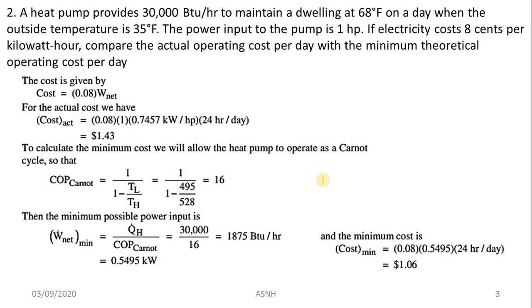Now the next numerical is related to the heat pump. A heat pump provides 30,000 BTU per hour to maintain a dwelling at 68 degrees Fahrenheit, on a day when the outside temperature is 35 degrees Fahrenheit.